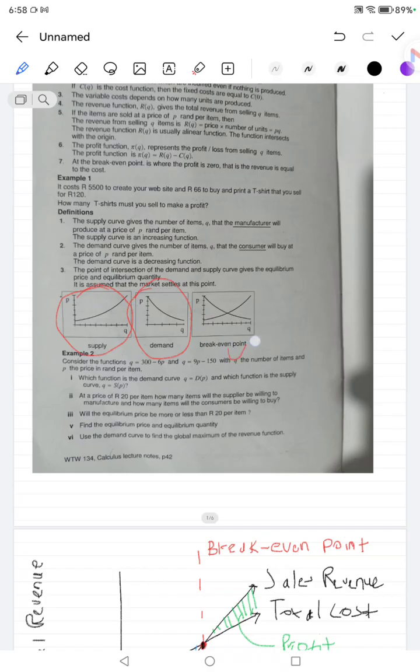They've already given you those formulas, so you just have to interpret what happens if you're given that price of 20 Rand. Will we have more consumers or buyers buying, or are we going to have less, or what's going to happen at that point?